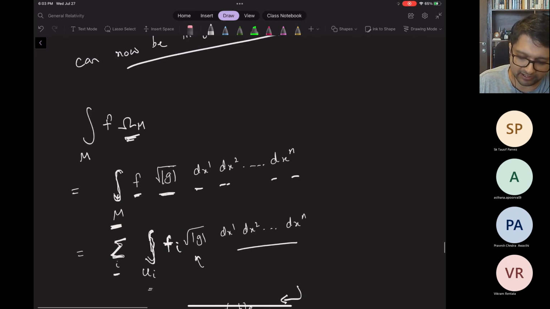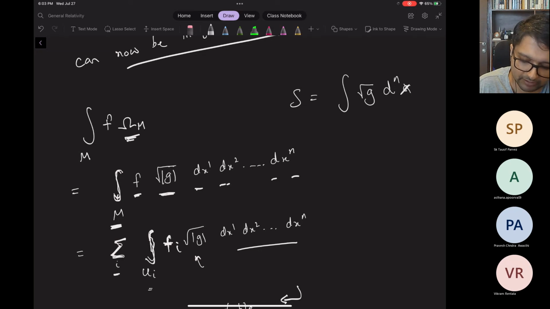So you might have seen, when we define the action in general relativity, in various textbooks, it might be of this form, times a Lagrangian. This is the measure of integration, and now you understand why this is the correct measure. The sensible way to define integration is using forms. There is a preferred form which we use to do the integration. Assuming that there is a single coordinate patch that covers the entire manifold, you can do the integration this way.